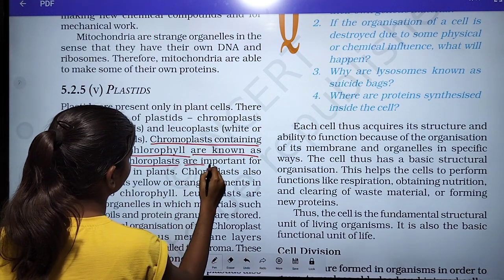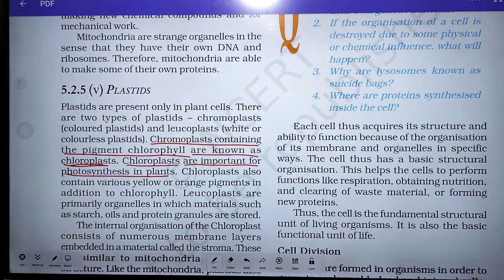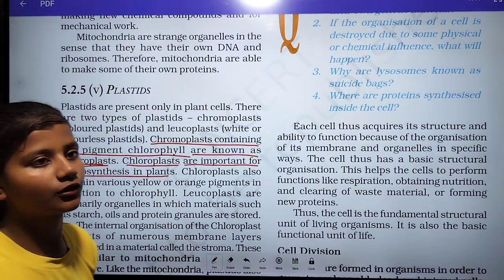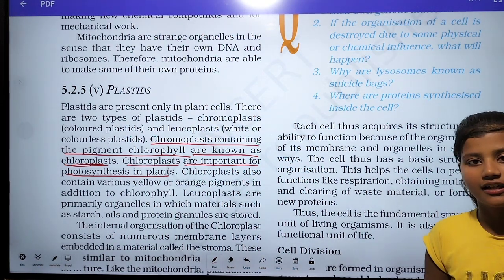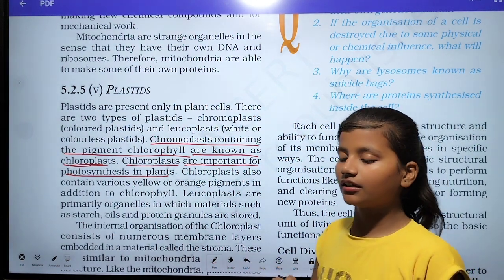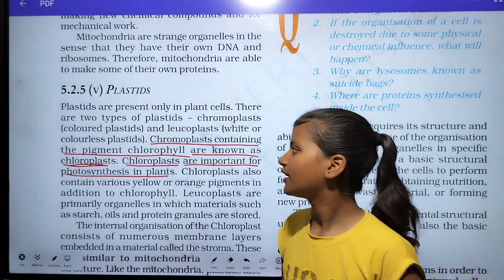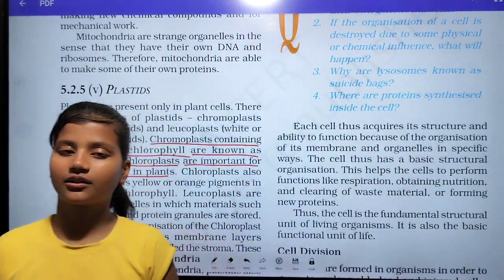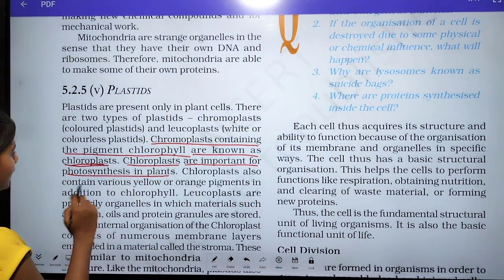Chloroplasts are important for photosynthesis in plants. We know that photosynthesis occurs only in plant cell. So that's why plastids are only present in plant cell, not in animal cell.